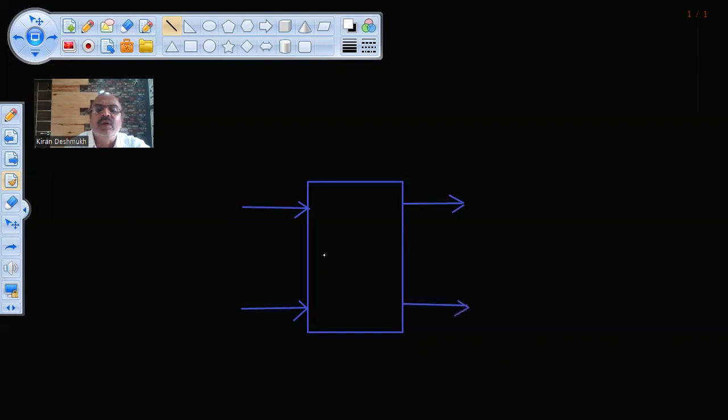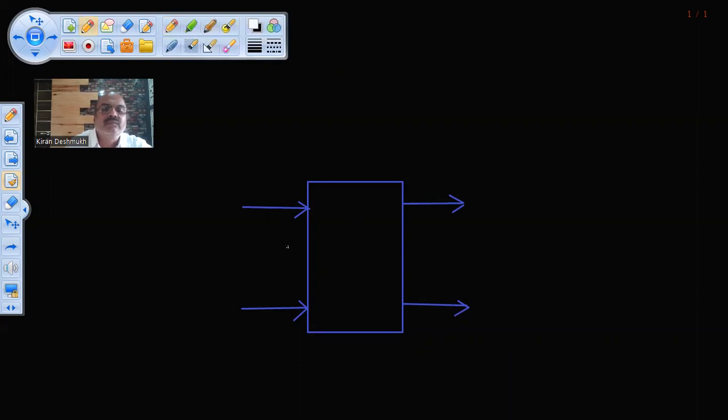This is the Q bar output. This is triggered, not clocked. This is J, this is K, this is Q, Q bar, and this is the clock.